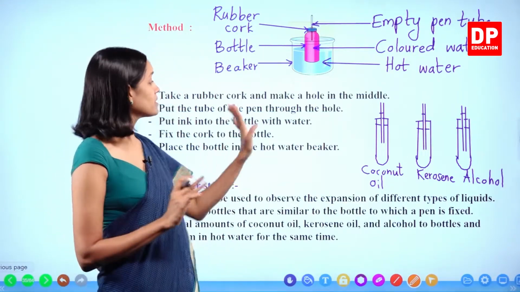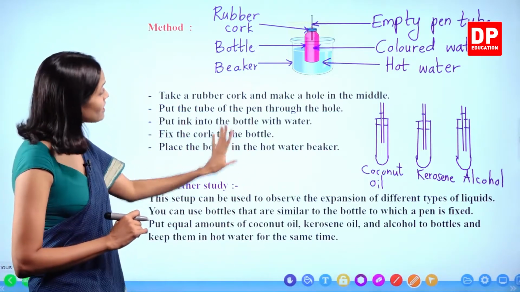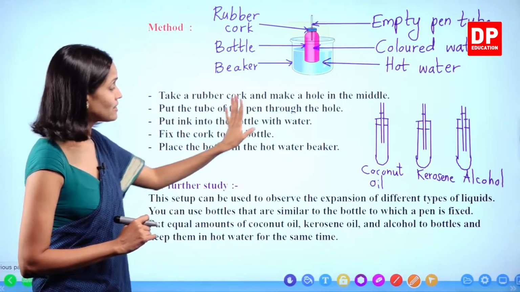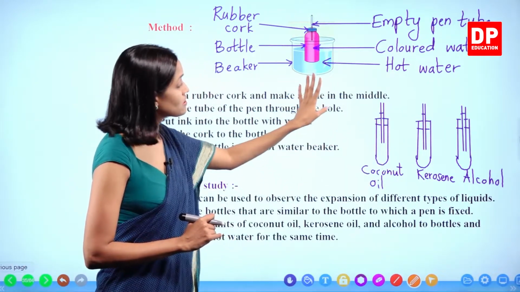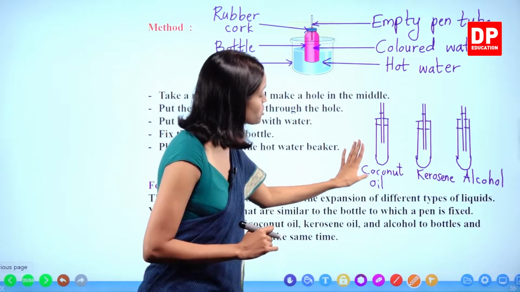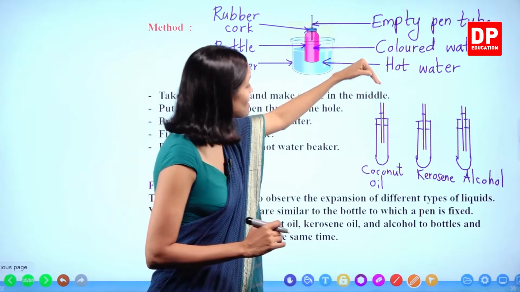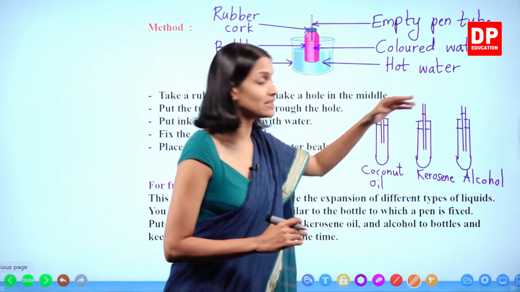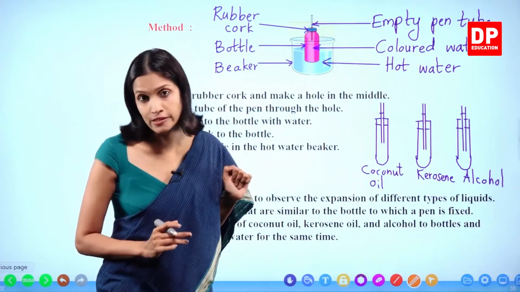Understand, children? Right. Now, do you remember the second activity we did? We did the same activity with 3 different types of liquids. There we filled 3 test tubes with coconut oil, kerosene and alcohol, equal volumes, and then we immersed these 3 test tubes in the same water beaker, right? The hot water beaker.